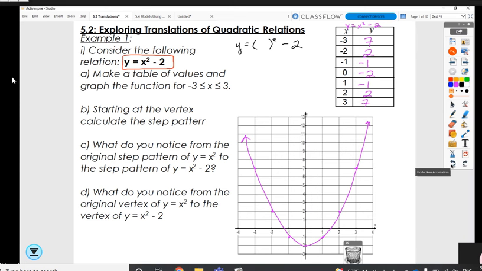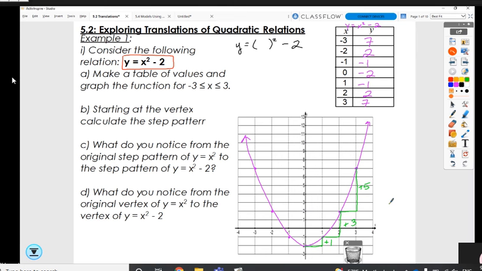It says here, starting at the vertex, calculate the step pattern. Okay, here we go. We're going to do it in green. Over 1, up 1. Over 1, up 3. Over 1, up 5. Did the step pattern change from the original y equals x squared?